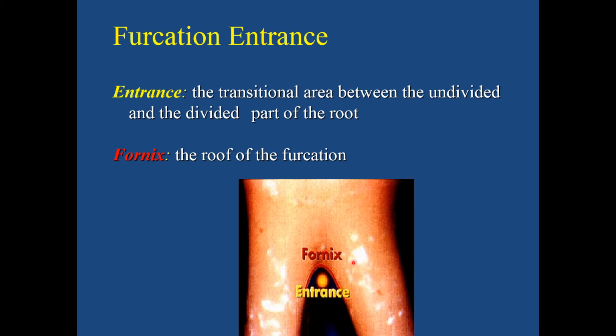Another term is the furcation entrance. The furcation entrance is the transitional area between the undivided and divided portion of the root. The fornix of the furcation means the roof of the furcation.